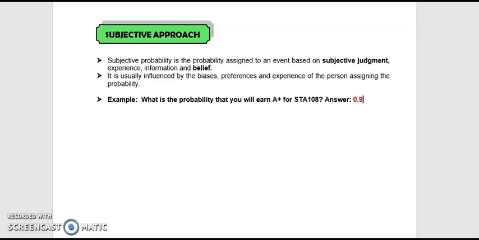If you believe in that way, the probability will be higher. But if you put 0.2, for example, it means that most probably the MCO will not continue until the end of June. So that is meant by the subjective approach, based on belief and our judgment.